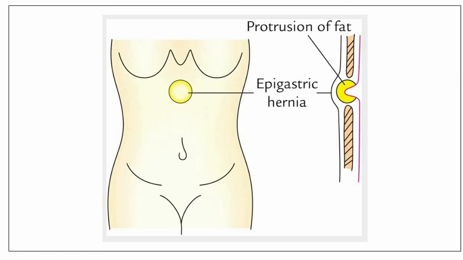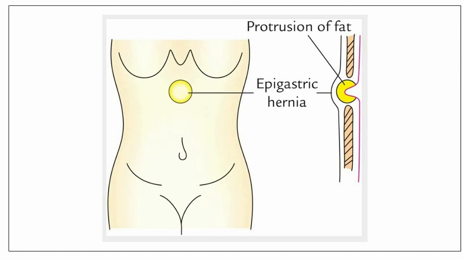And also every time the intra-abdominal pressure is excessively raised, as in coughing, a small amount of extraperitoneal fat may protrude through the upper part of the linea alba, and eventually it may drag behind it a small peritoneal sac, and it could contain a portion of the greater omentum. So this is the epigastric hernia.